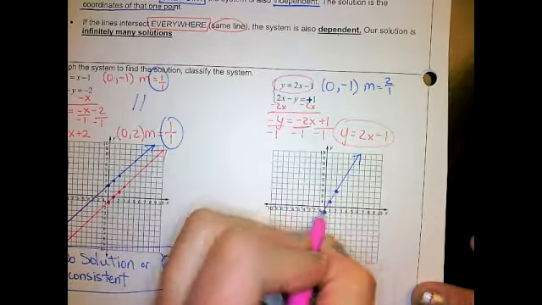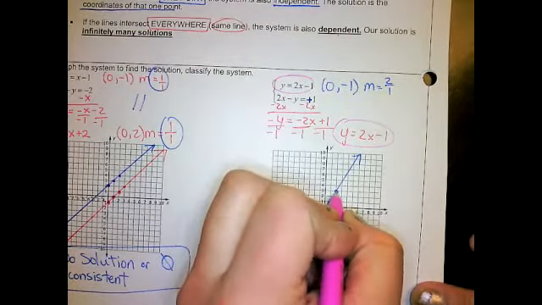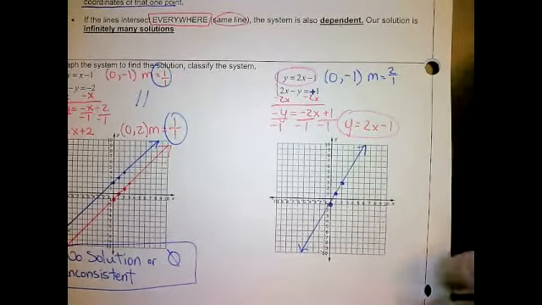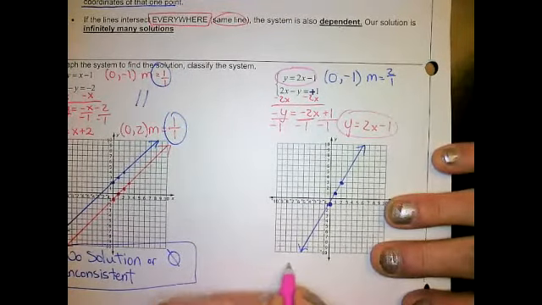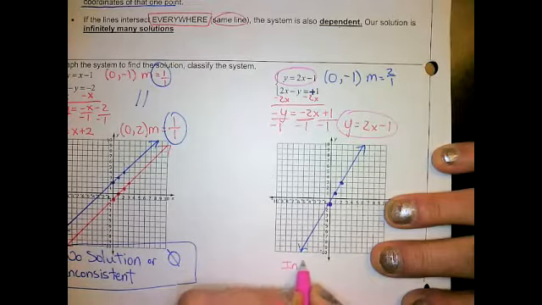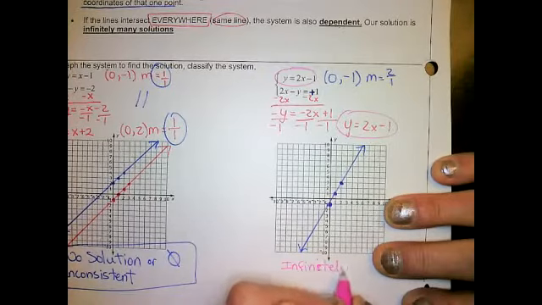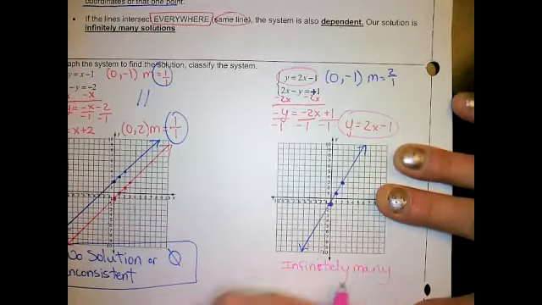So my y-intercept is going to be negative 1, and I'm going to go up 2 over 1. So these are exactly the same line. That means there are infinitely many solutions. So that's my solution.